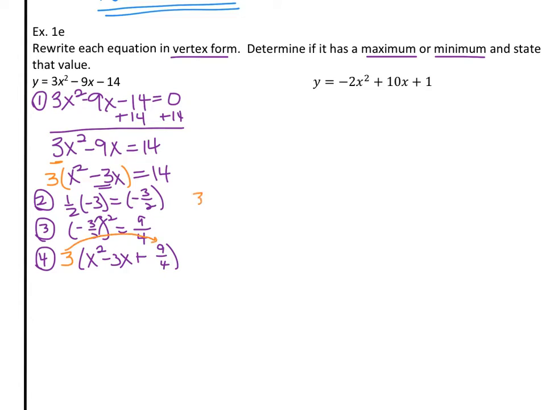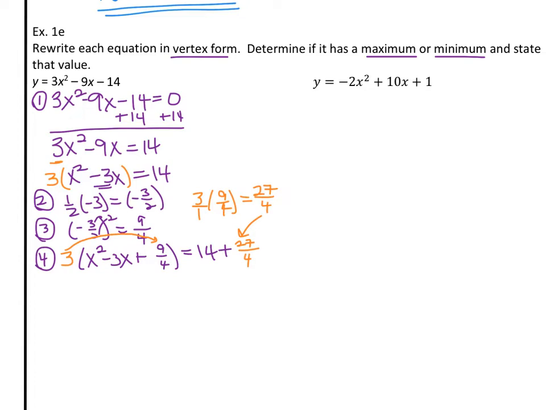If we take 3 times 9/4, when you multiply a whole number by a fraction, make the whole number a fraction and just multiply straight across. 3 times 9 is 27/4. That's what we'll add to the right-hand side. And we're going to have to deal with adding that fraction to that whole number.